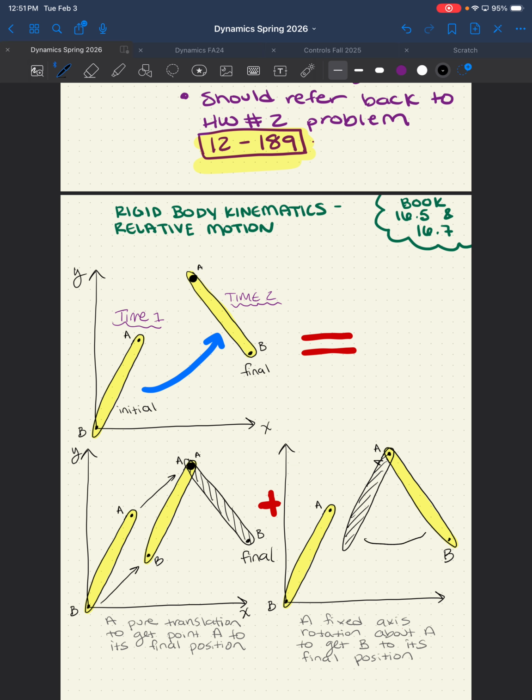Okay, so we took the previous position and we rotated it about point A by some angular displacement d theta. So this is initial. This is final. Okay, so visually we can see that this is the case. We can see that we can translate and then rotate.